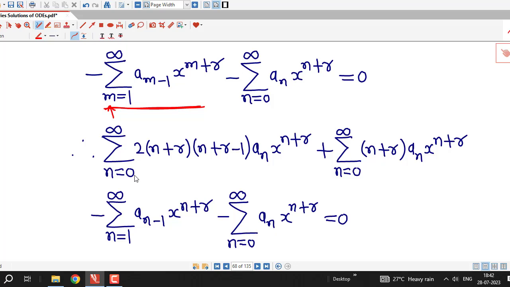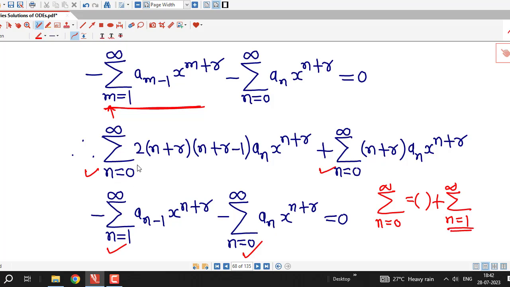Now after this we can see this is starting from 0, this is also starting from 0, this is also starting from 0, but this is starting from n equal to 1. So we have to write all the summations which start from n equal to 0 as the term corresponding to n equal to 0 plus sigma n equal to 1 to infinity, because if I want to combine two summations, then the range of the index must be the same.